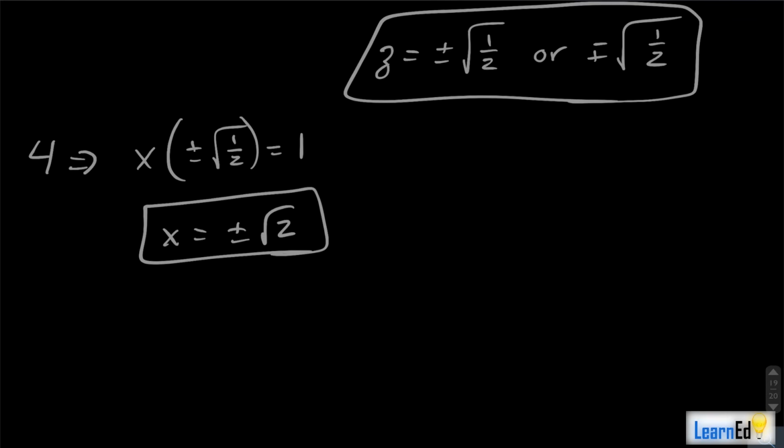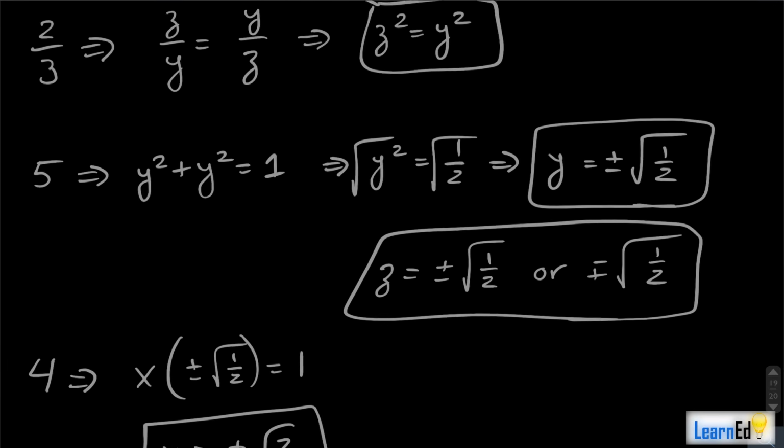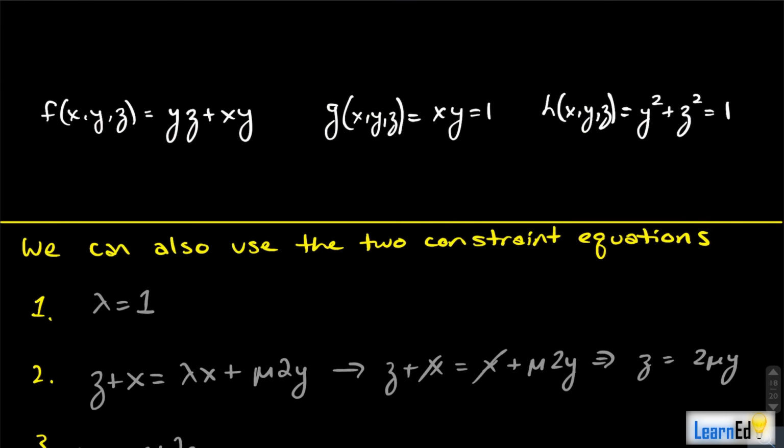So if we find f at our first one, so let's say x is rad 2, we'll say y is the square root of 1/2, and we'll say that z is the square root of 1/2. What we'll get, and remember what f is, I'll bring that down.